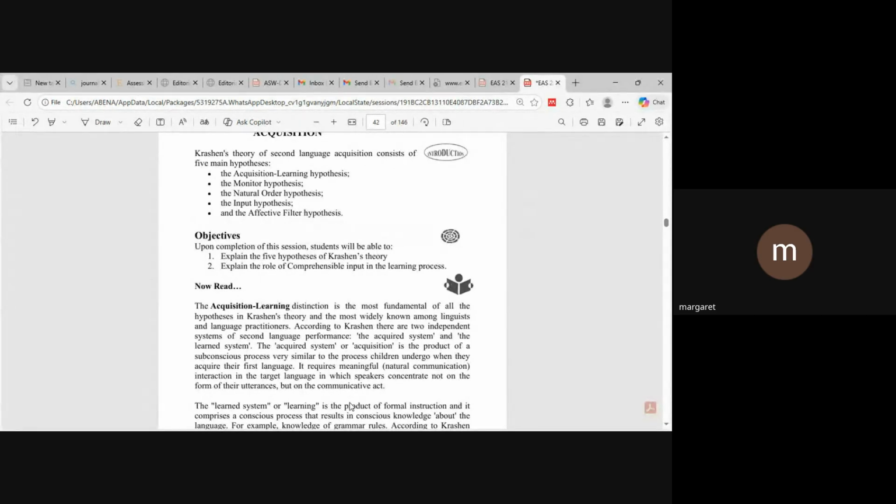Now, this explains how someone who comes from the United Kingdom is able to speak British English fluently, but really finds it difficult to write.